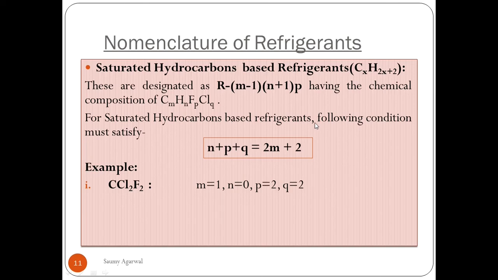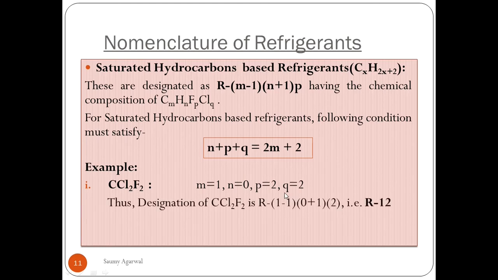We'll compare this chemical composition with the formula CmHnFpClq. We get that the value of m, the number of carbon atoms, is 1, the value of n, the number of hydrogen atoms, is 0, the value of p, the number of fluorine atoms, is 2, and the value of q, the number of chlorine atoms, is again 2.